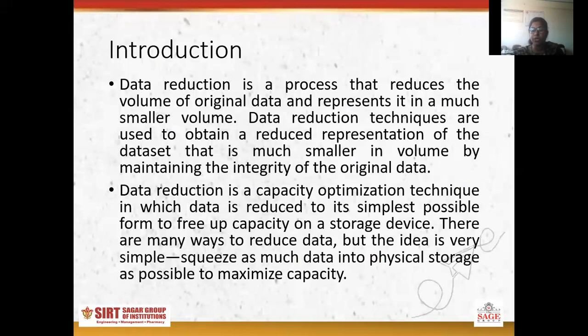There are many ways to reduce data, but the idea is very simple: squeeze as much data into physical storage as possible to maximize capacity.